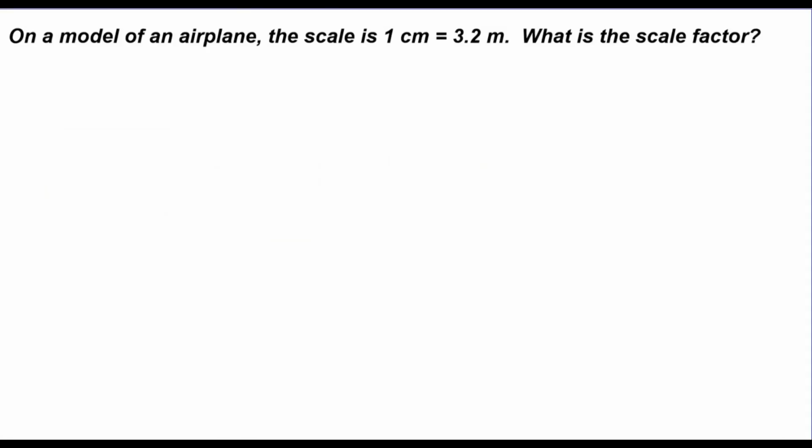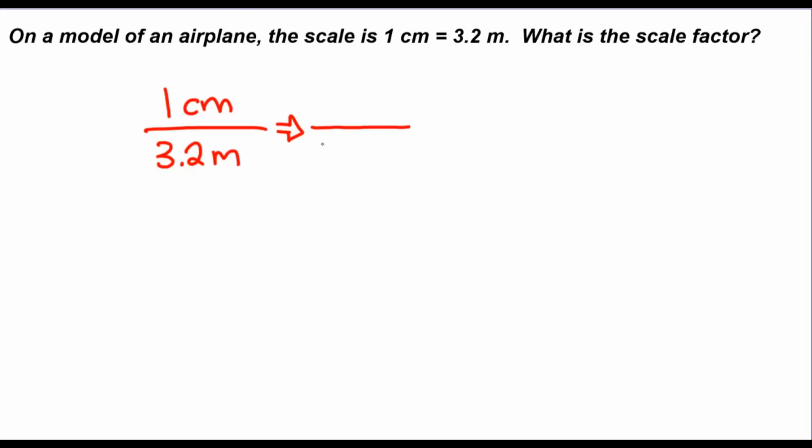So let's take a look at an example here of converting a scale to a scale factor. It says on a model of an airplane, the scale is 1 centimeter equals 3.2 meters. What is the scale factor? So again, if I write this in fraction form, 1 centimeter is 3.2 meters. So I am going to convert these to the same unit of measure. So 100 centimeters is 1 meter.